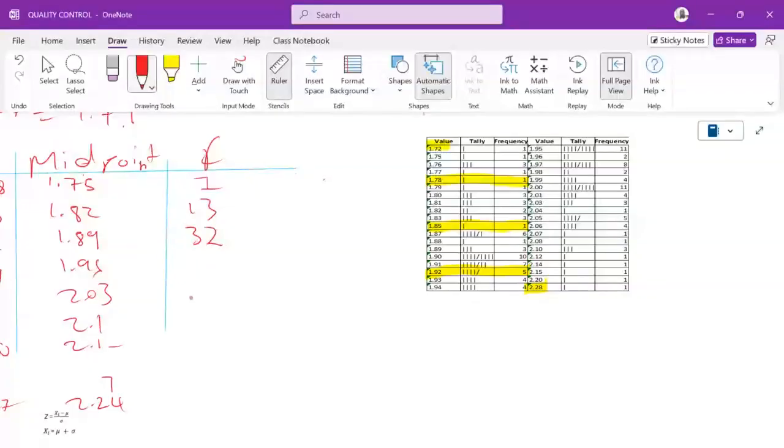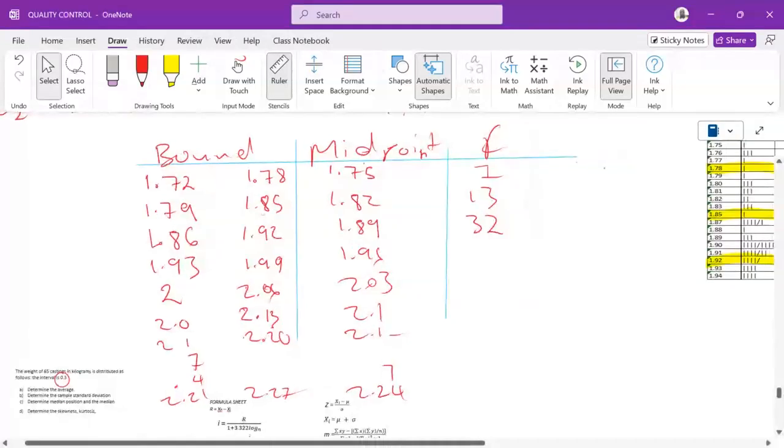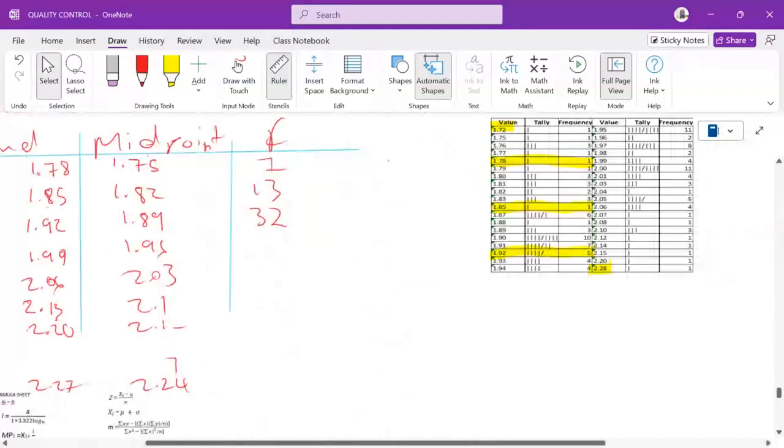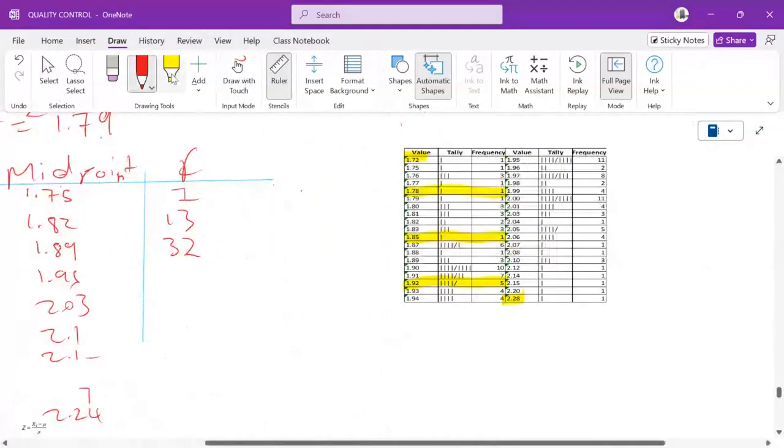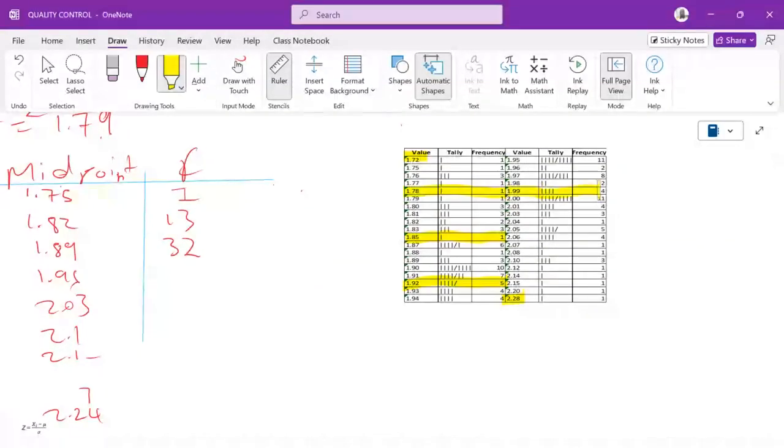Then from here we are going to 99. So now we have 4 plus 4 plus 11 plus 2 plus 8 plus 2 plus 4, which is 35.